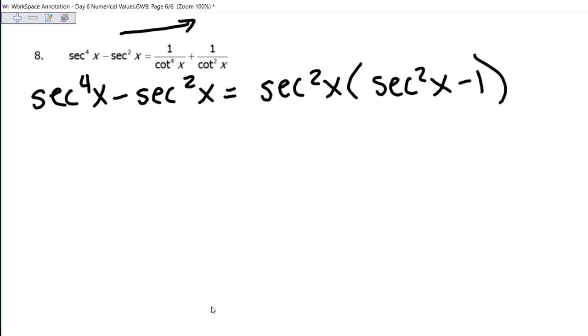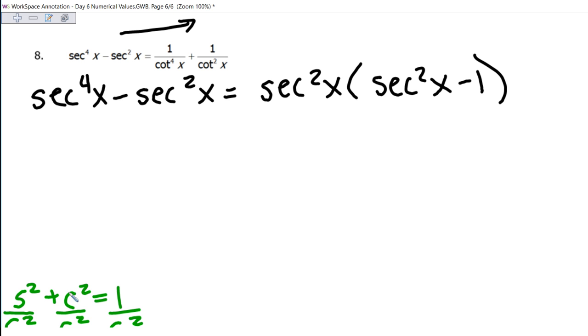So we need to get rid of the secant, and we need to get cotangent or tangent. So let me change to green. Let's do sine squared plus cosine squared equals 1. If I have a secant squared, what would I have to divide by? Cosine squared. So sine squared divided by cosine squared would be tangent squared.